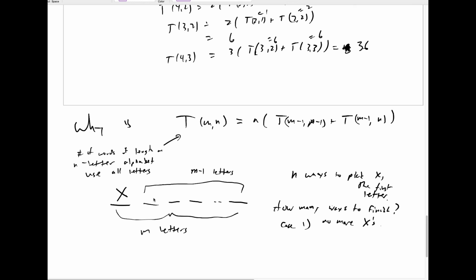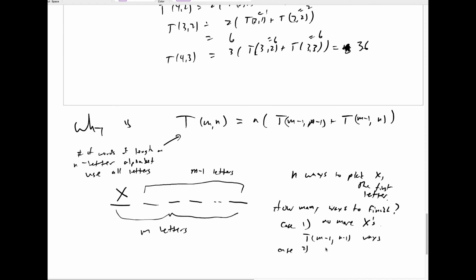Well, if we never use that x again, this m-1 letter word comes from an n-1 letter alphabet because there are no x's. And we need each of those n-1 letters to be used at least once, because then in our original word we'll have all n letters used at least once because x is used for that first letter. And how many ways can I choose an m-1 letter word using all letters from an n-1 letter alphabet? Well, there are Tm-1,n-1 ways to do that.